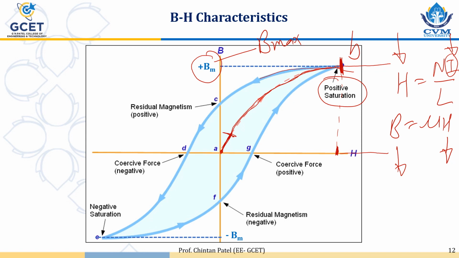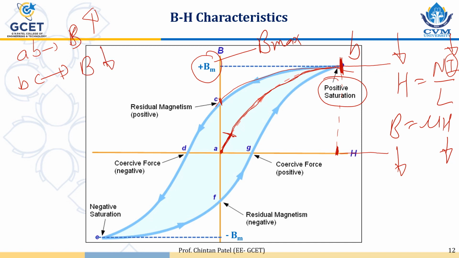For example, this. So from B to C, magnetic flux density starts decreasing and it will follow BC path. So during AB, B is increased and on BC path, B is reduced.